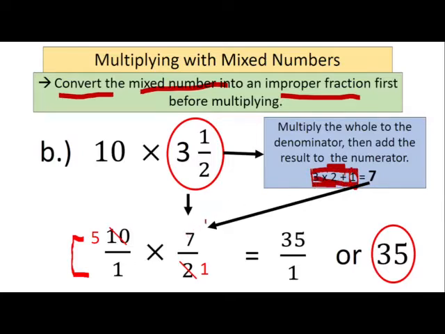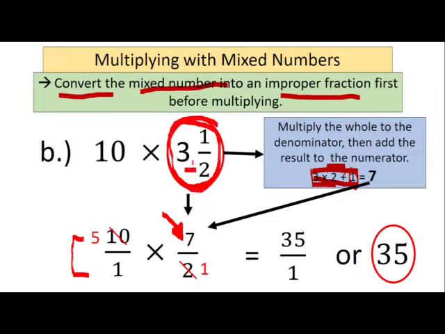When we convert a mixed number into its improper fraction, we are actually considering the number of parts we are considering sa ating improper fraction, which is our numerator. Now, para malaman natin yon, syempre, we need to know how many parts are being considered in here in a whole that's divided into two equal parts.